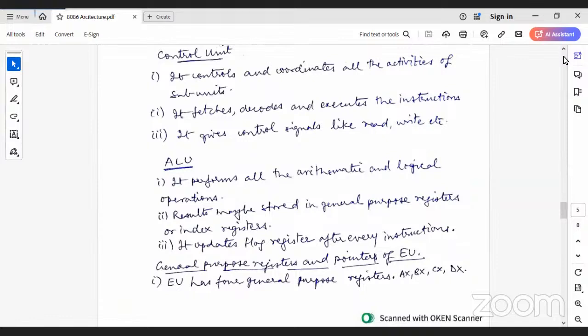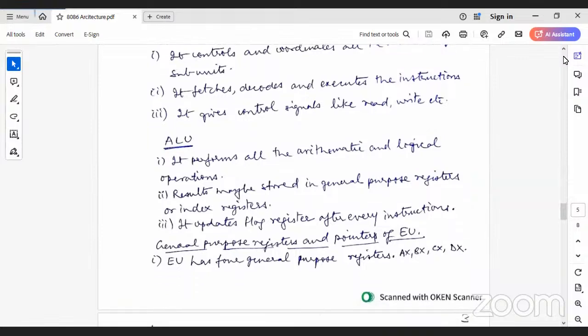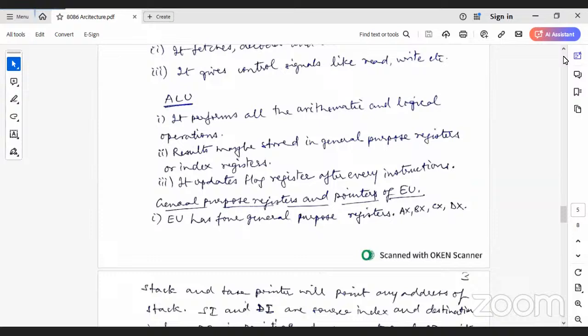Here also there is a possibility that you can save it in the memory location, but since we are now discussing the execution unit, you can as well say that the result is stored in the general purpose register. Now the arithmetic logic unit updates the flag register after every instruction, but the command will be with the control system, and depending upon the command from there, the flags in the flag register will be updated.